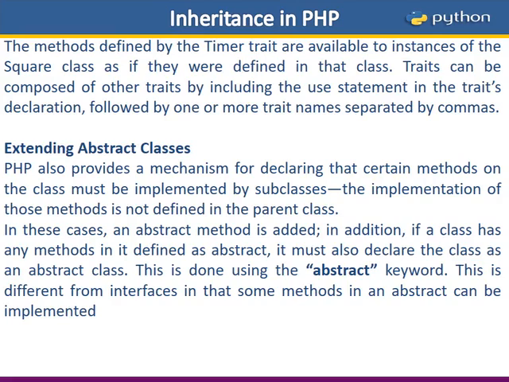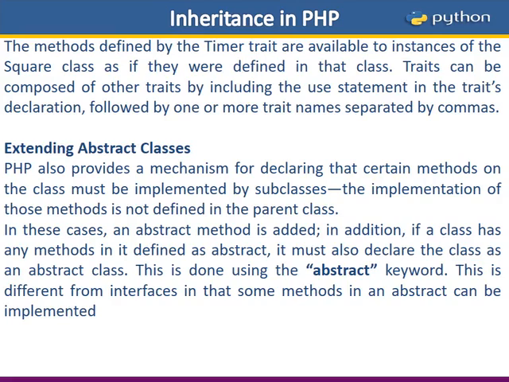Where we make use of that tool in Python, Python inherits abstract classes. But in this one, we are extending abstract classes. So this is the fourth means of implementing inheritance.